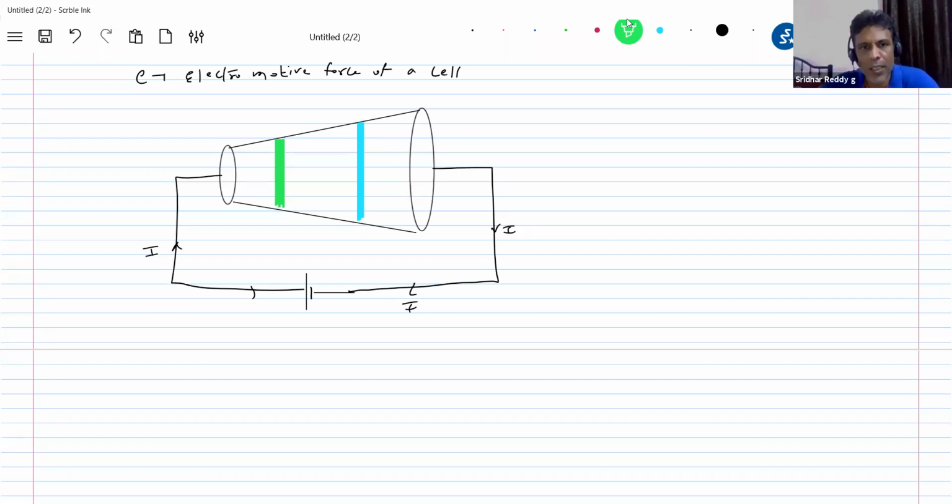Okay, now what will be the drift speed? Let me give the position for them. Let this be element 1, this element 2. Both are having the same area of cross section.